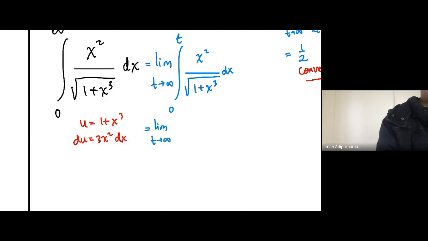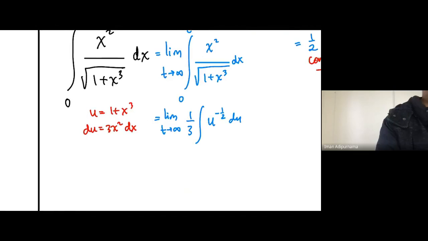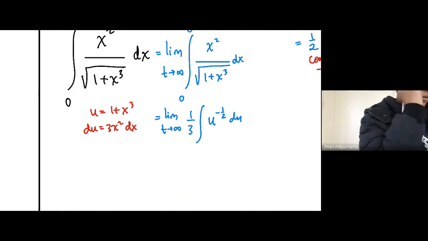Okay. Let me just write 1 over 3, and this should be the integral of 1 over square root of u du. If I substitute the u, it will be from 1 to 1 plus t cubed.